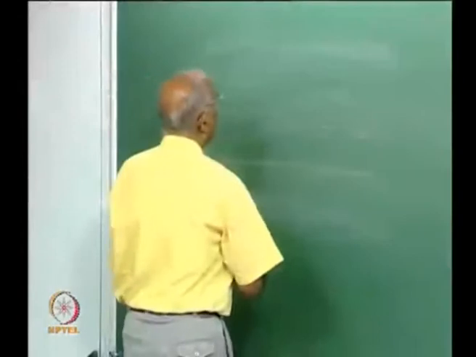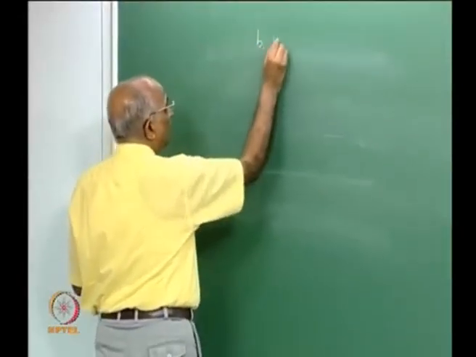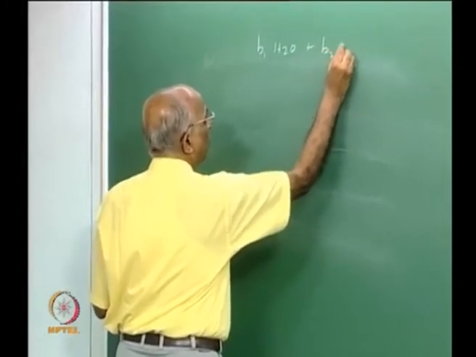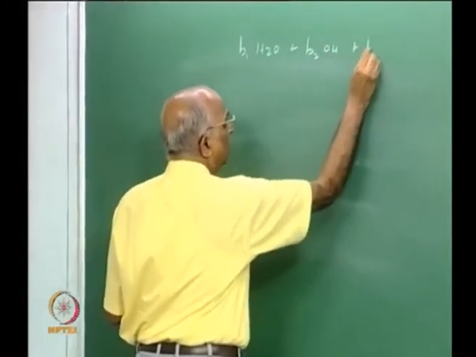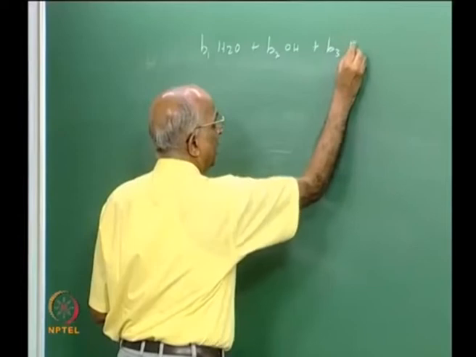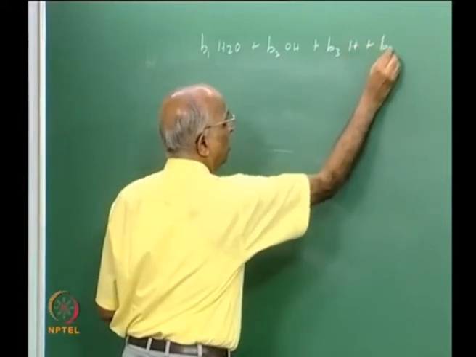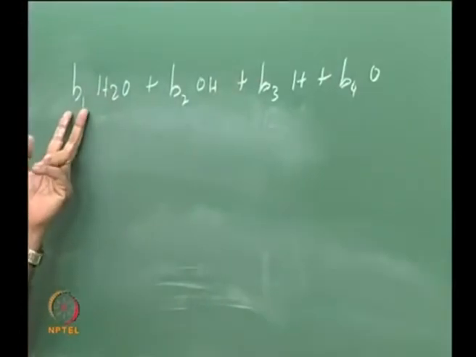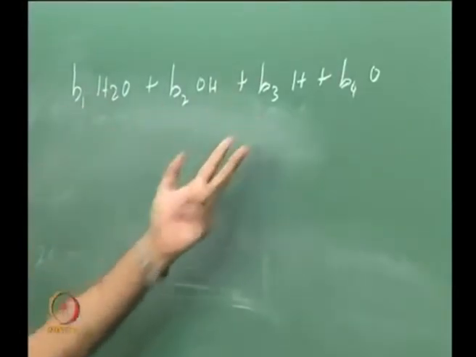We need to know B1, the H2O, B2, how much OH, how much H and how many moles of O there are. To be able to do that, we assume the total number of moles to be stoichiometric, and then we determine B1, B2, B3, B4.